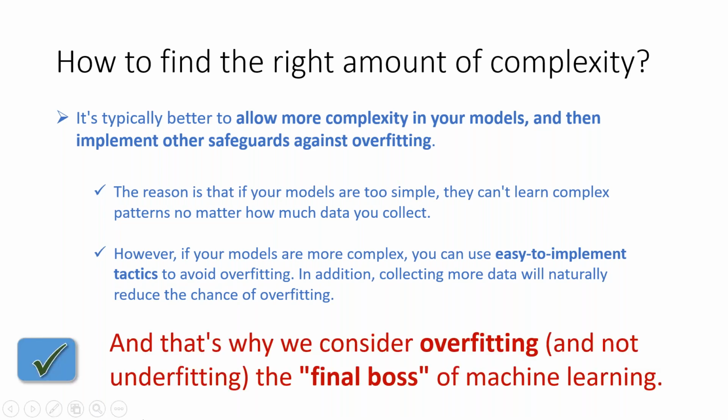The bottom line is that we consider overfitting the final boss, because of the way we have to build machine learning, not underfitting. Though earlier on I said model complexity is the big boss, today I'm saying overfitting is the big boss of machine learning.